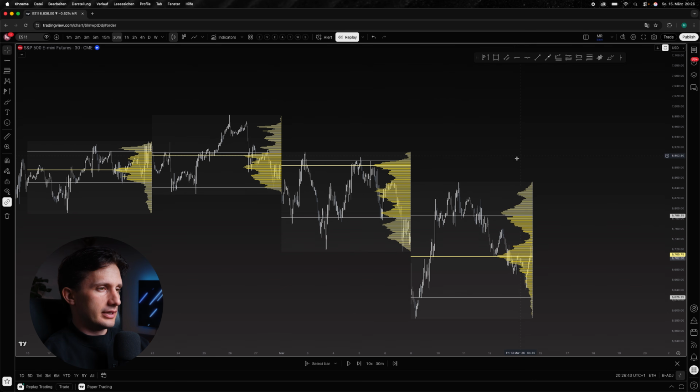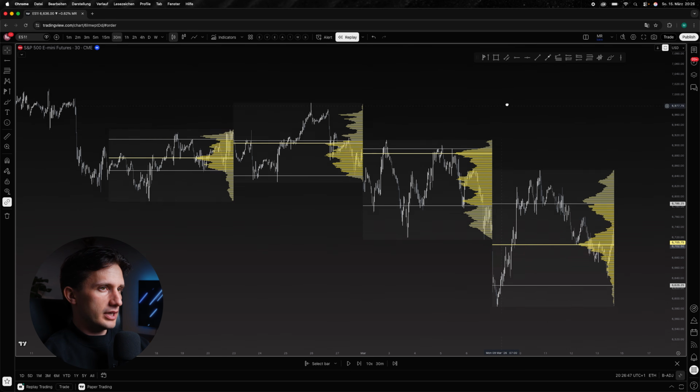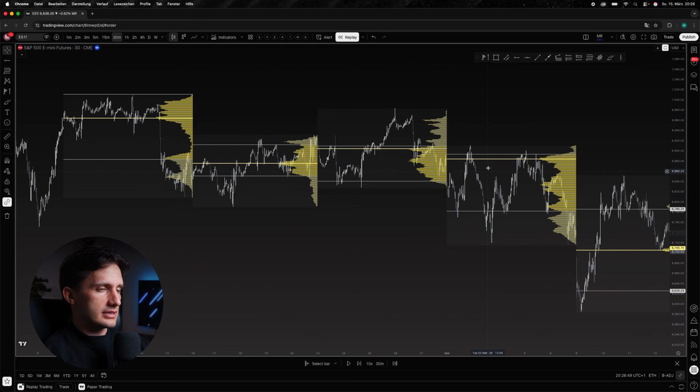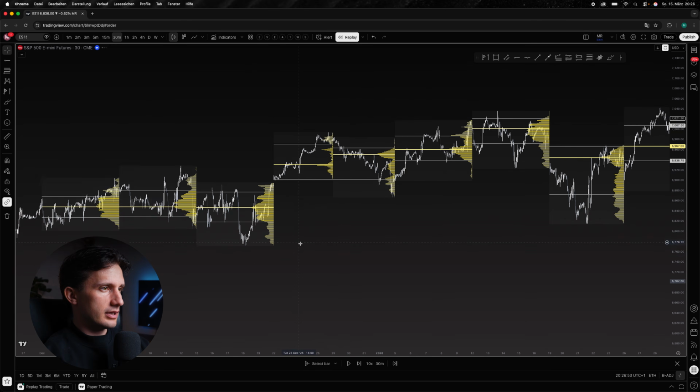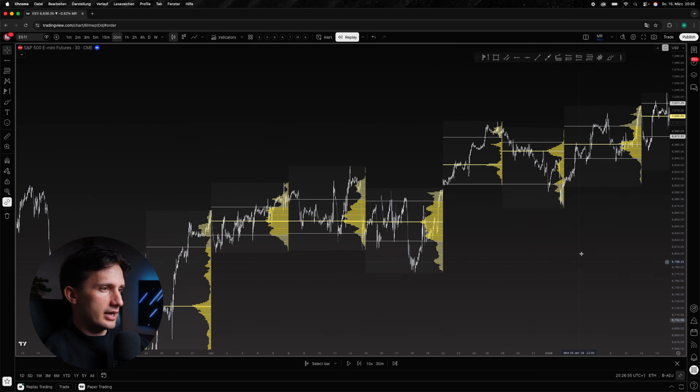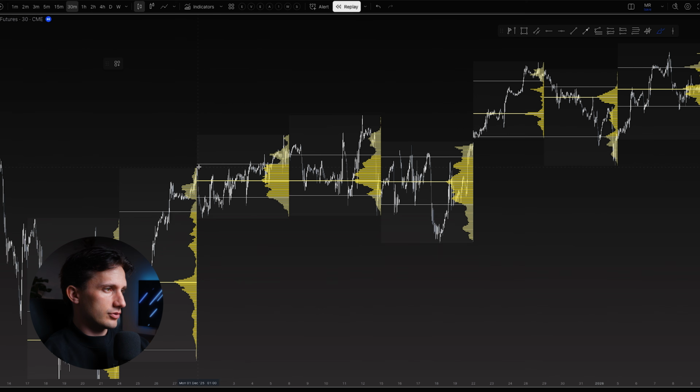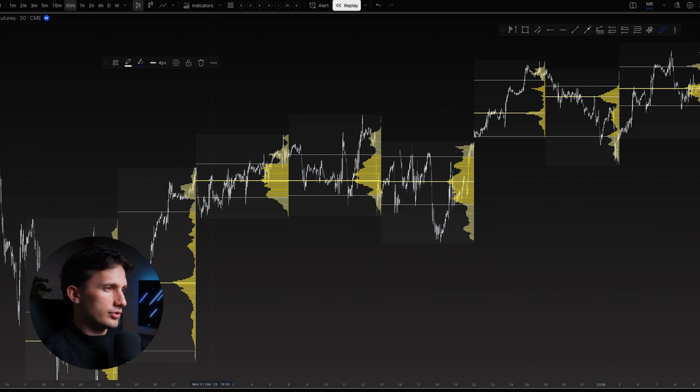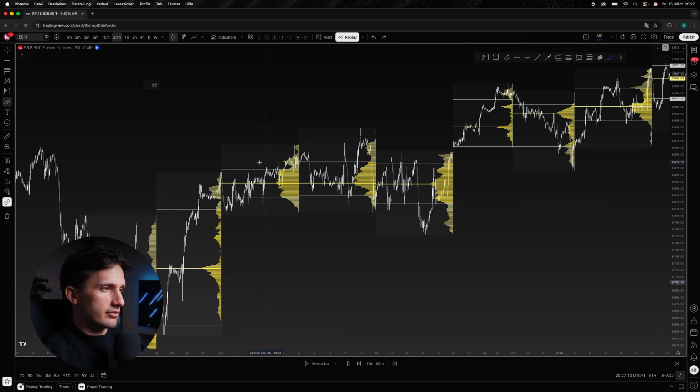When I'm viewing the weekly profiles, I'm definitely looking out for the shapes, and I'm definitely looking out for where the point of control is right now. Because when I go a little bit to the left hand side, what you can actually see on this consolidation is that the point of control throughout these 3 weeks is right here in the middle, and it's not very hard to identify that this was a trading range.